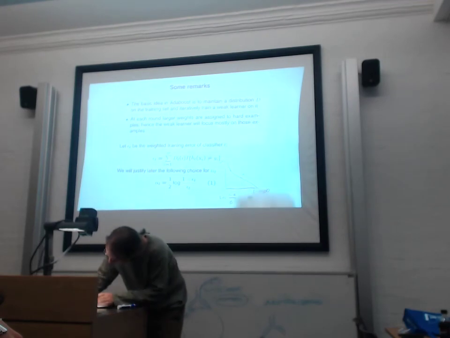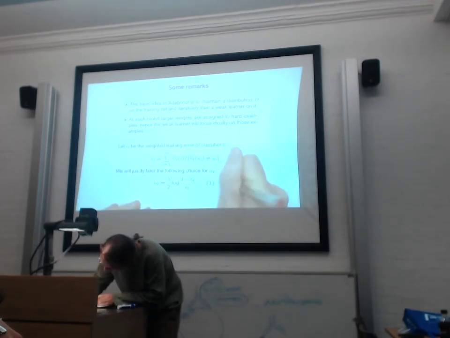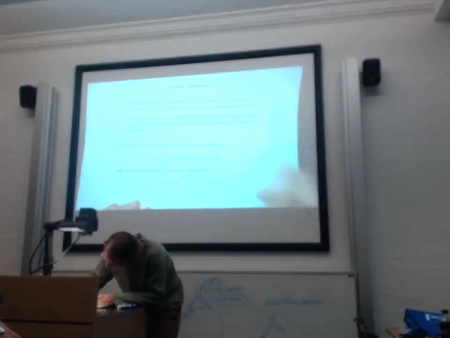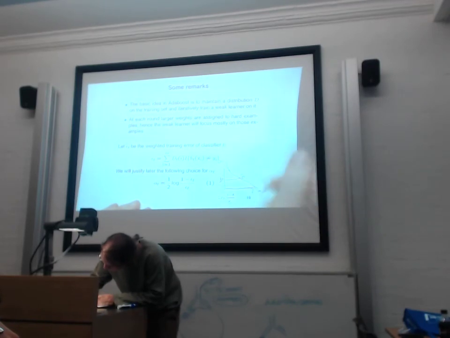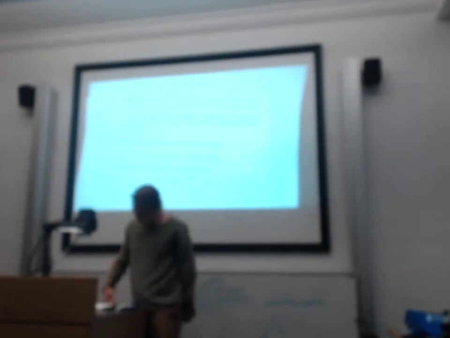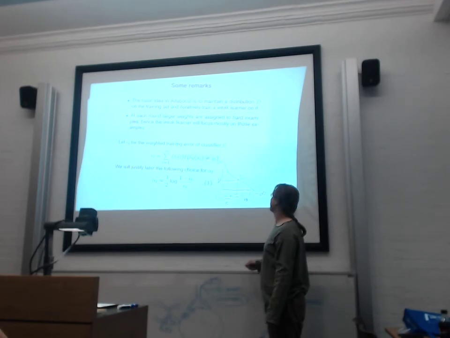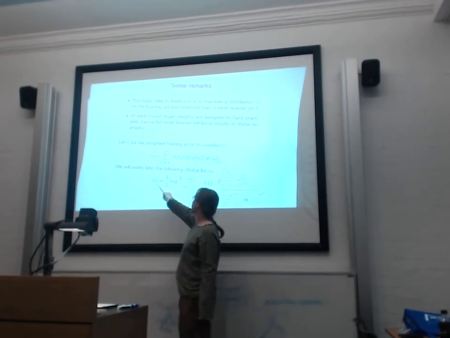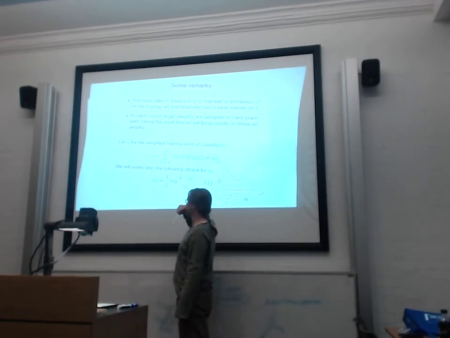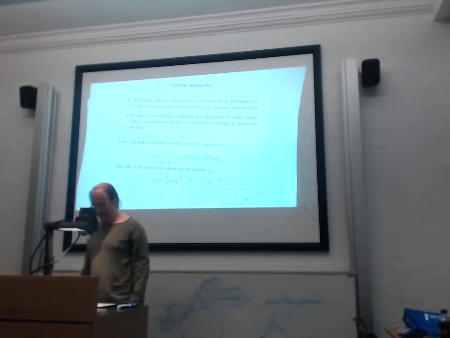So if our hypothesis is 50% correct, its weight in the final hypothesis will be 0. Otherwise, it'll be large.